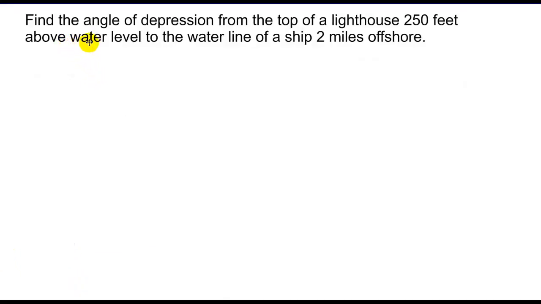So next we're going to want to find the angle of depression from the top of a lighthouse 250 feet above the water level to the water line of a ship 2 miles offshore. So let's draw this out. We've got some kind of a ship that is 2 miles offshore. Let's call this 2 miles. Let's call this a ship.